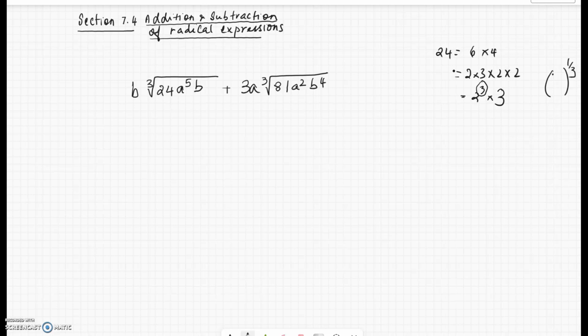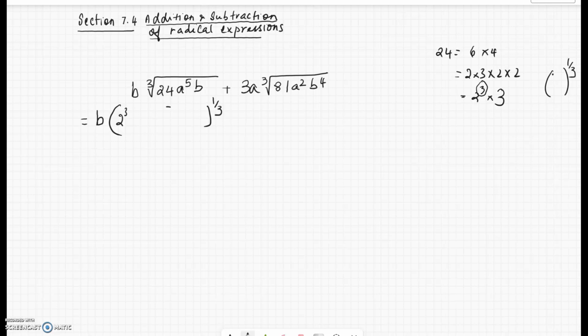So that's perfect. So I'm going to write this as b cube root of, and instead of cube root, I'm going to write the whole thing to the 1/3. So it just makes it a little easier.